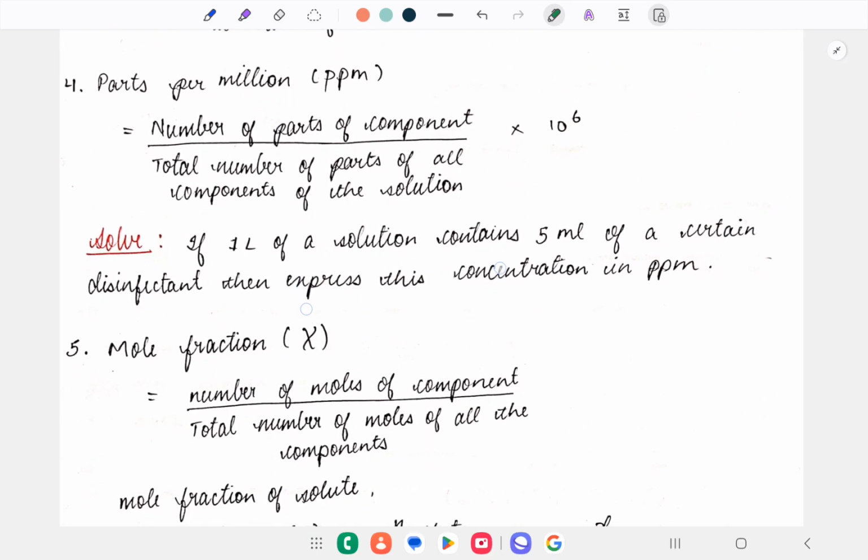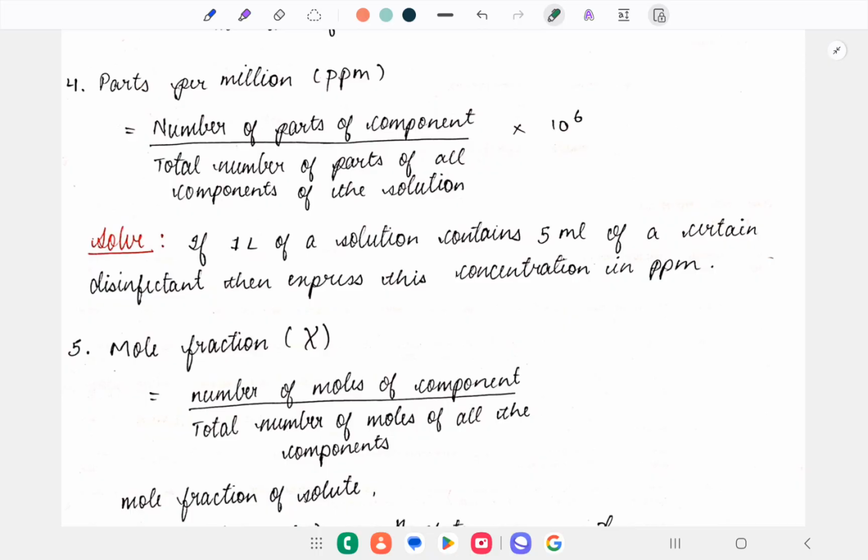Moving to the next concentration term, that is parts per million, ppm. So when a solute is present in trace quantities, then the concentration is expressed in parts per million. So it may be defined as the number of parts by mass of the solute per million parts by the mass of the solution. So the formula is number of parts of the component by total number of parts of all the components of the solution into 10 to the power 6.